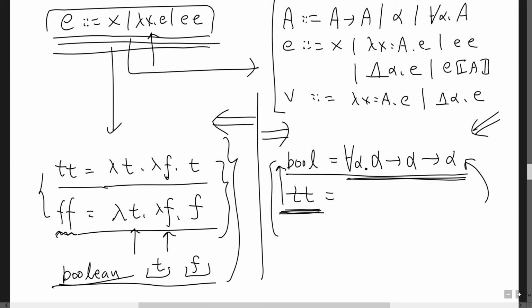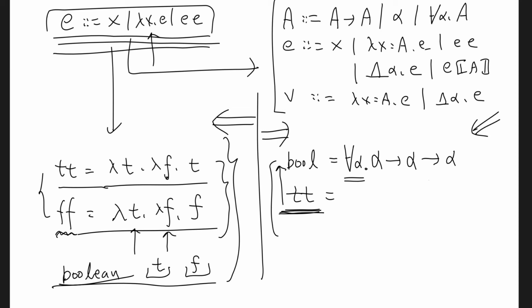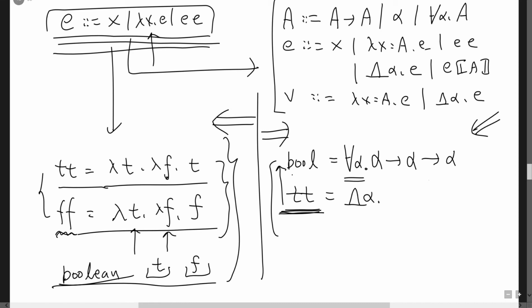So first we have to introduce type abstraction corresponding to this for all alpha. So the first part of Boolean true is this type abstraction, capital lambda alpha. So this is going to have this type. Now you have a function or lambda abstraction whose argument is of this type alpha.